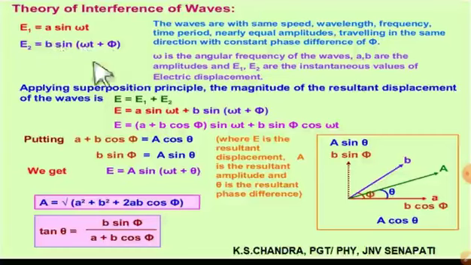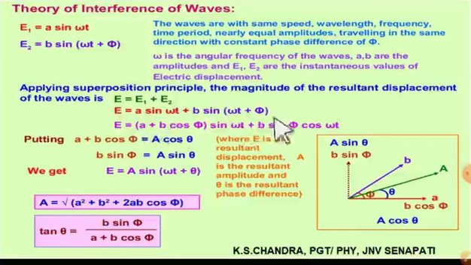Got it? So applying the superposition principle, the magnitude of the resultant wave will be the sum of the individual displacements of the two waves. So E will be equal to E1 plus E2. Then you try to express it: A sine omega t for E1, B sine of omega t plus phi for E2.